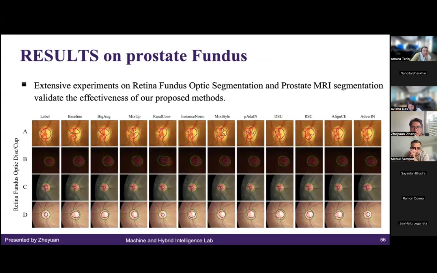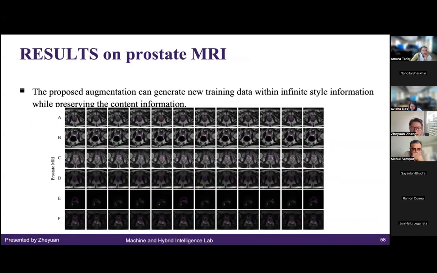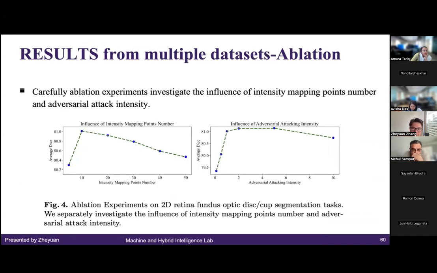We apply these methods on some different data augmentation methods and some different domain generalization methods. We can see that, compared with other methods, our proposed method achieves relatively significant performance gains and also improves the MRI segmentations. We further investigate the influence of different intensity mapping points and adversarial attacking intensities.